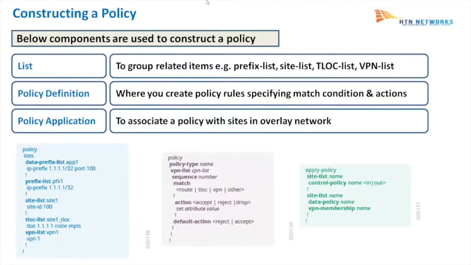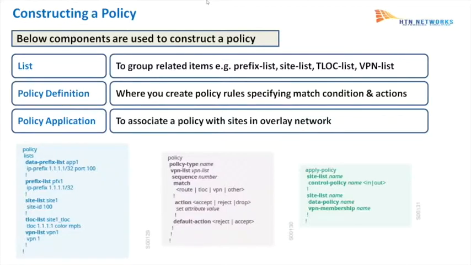So you assign the first sequence number and you say match. Now you can match a route, a TLOC, or a VPN, and then what action you want to take. If this policy has matched that route, or that VPN, what action do you want to take? You want to either accept that, reject, or drop it, right?